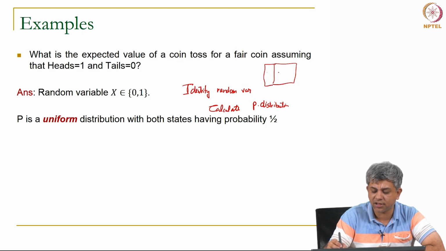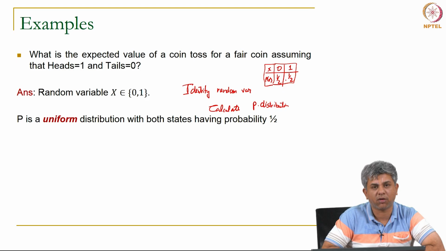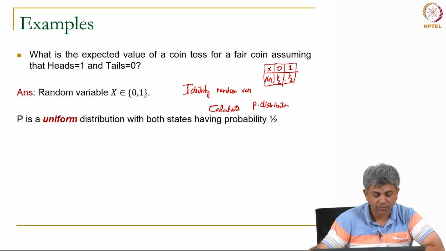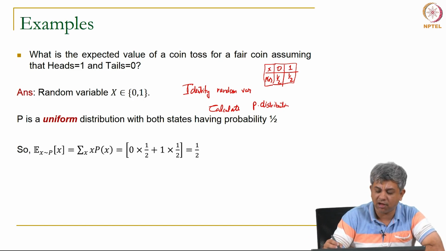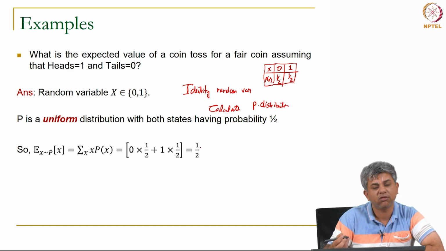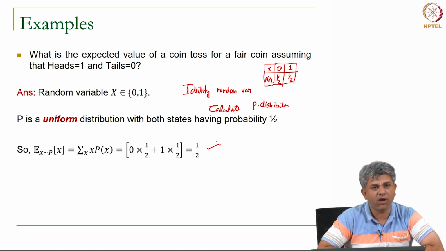If you have x and p of x, then x takes the value 0 with a probability half, x takes the value 1 also with a probability half. So, if you find out the expectation, it is simply 0 times half plus 1 times half, which is equal to half. All of us know this.